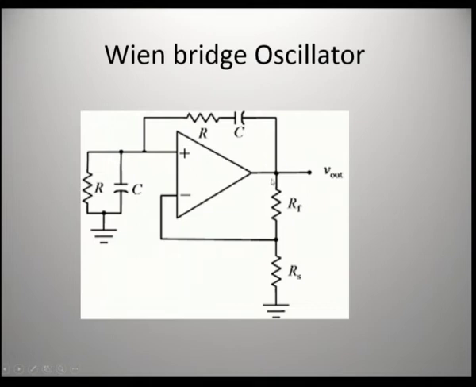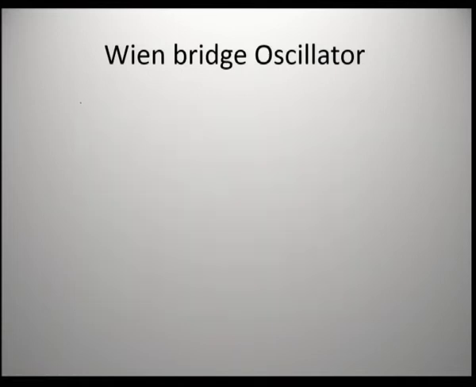Here also some output of the amplifier is given as input to the positive terminal. If you look at the circuit, only the third and fourth arms are in the feedback.